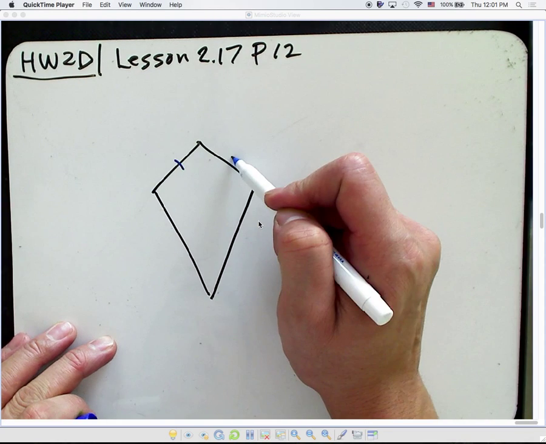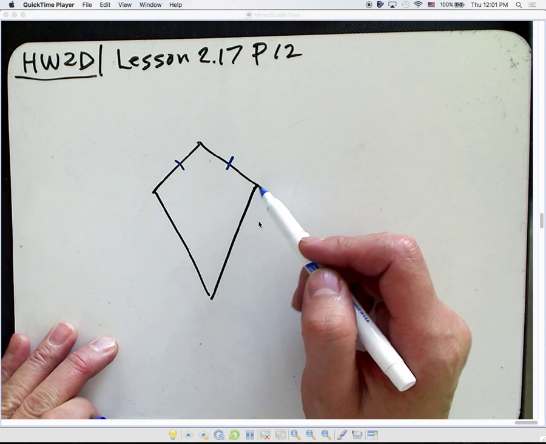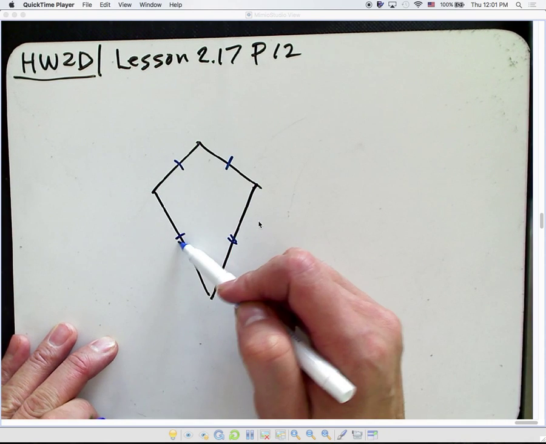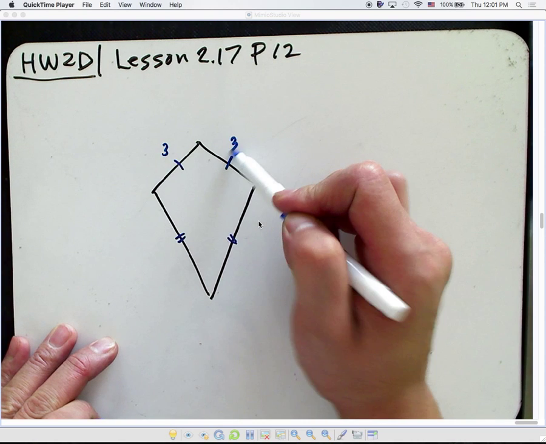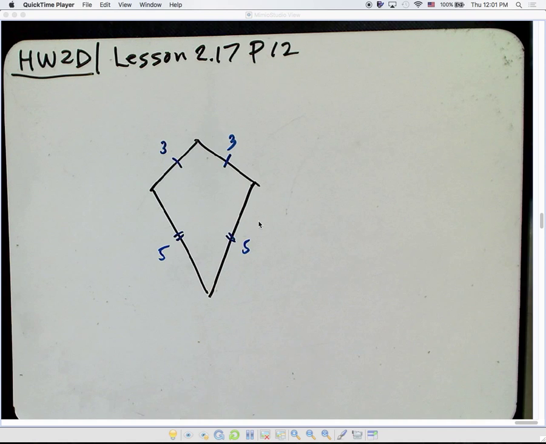That means the lengths of 2 sides must be congruent. So that has to be congruent, and these must be congruent. For example, this could be 3 inches and 3 inches, and that could be 5 inches and 5 inches. Those are the kites.